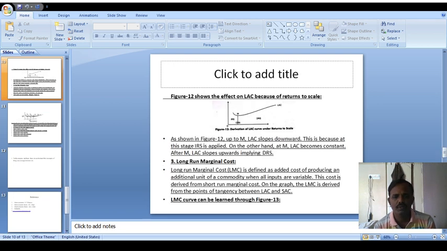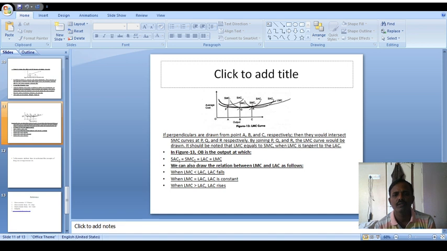The SMC curve can be learned through figure 13. So here, that is the LMC curve. If perpendiculars are drawn from A, B, C respectively, they would intersect the SMC curves at P, Q, R respectively. By joining P, Q, R, the LMC curve would be drawn.